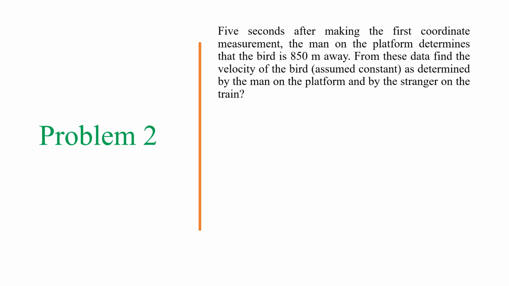Okay, so for this problem, the coordinates assigned to the bird at the second position by the man on the platform, we can represent as x sub 2, y sub 2, z sub 2, and t sub 2. So this is equal to 850 meters, and then this one is 0, 0.